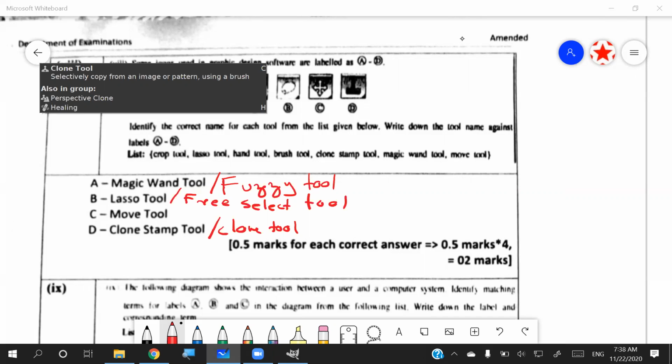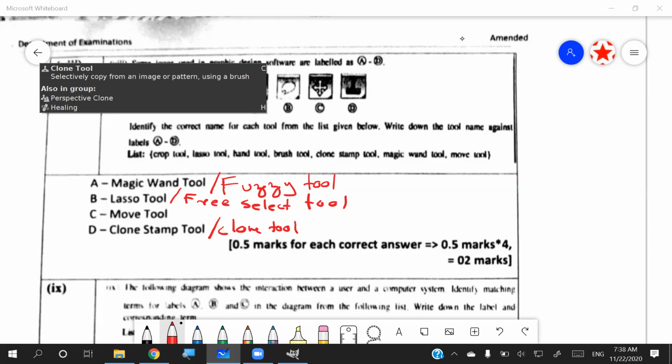Right, so let's do it like this. For A, B, and D, if you got it wrong, just make the corrections and don't reduce your mark.